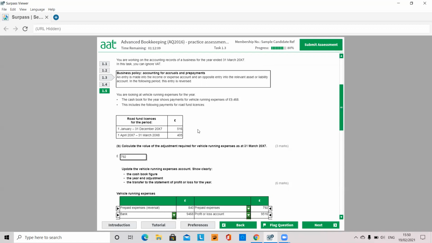January, February, March, so 3 months. So 516 divided by 12 is £43. January, February, March times 3 is 129.